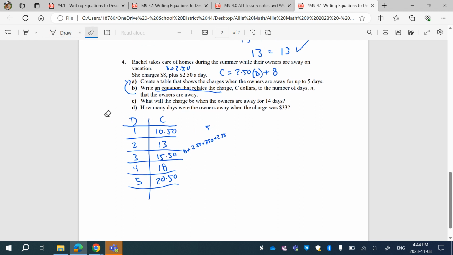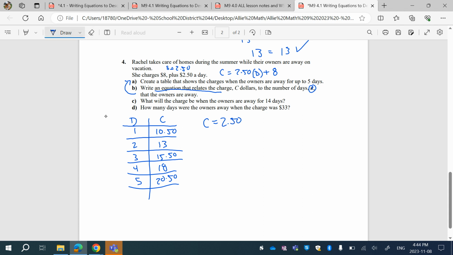So for B, write an equation that relates the charge, C dollars, and the number of days, N, that the owners are away. So I would say the charge equals $2.50 times days.